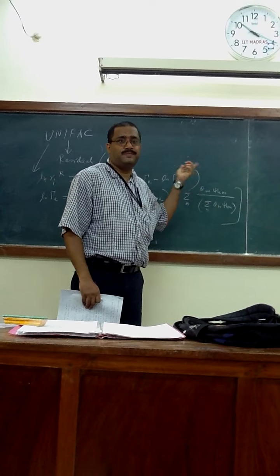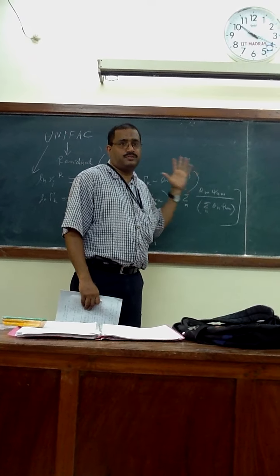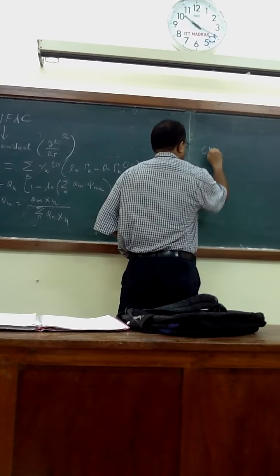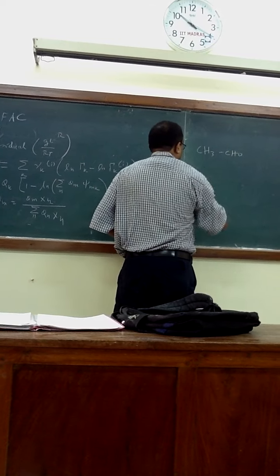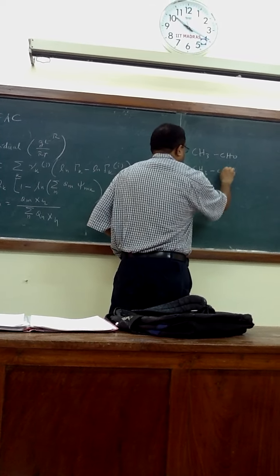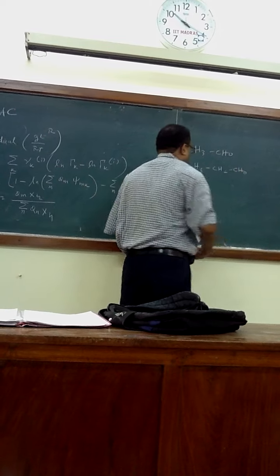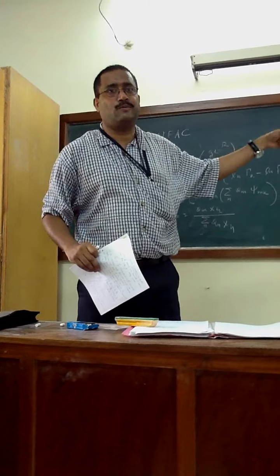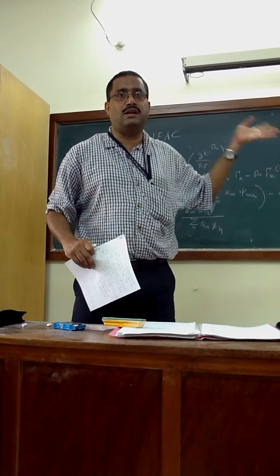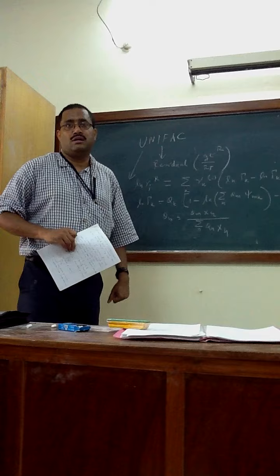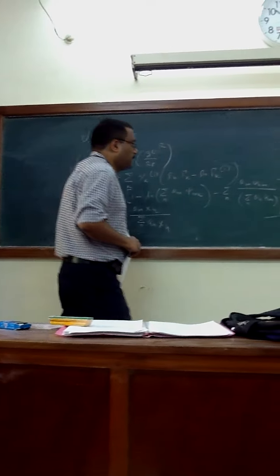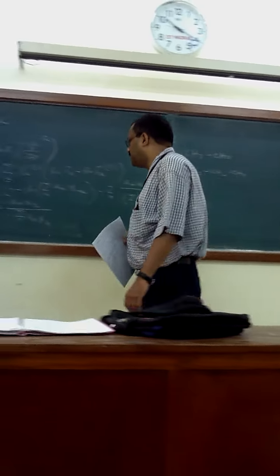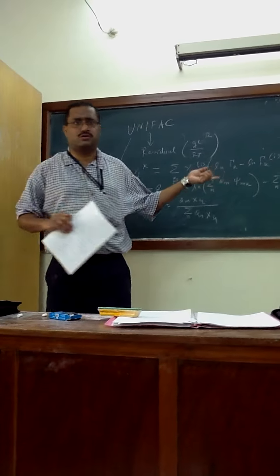A group is, for example, CH3. CH3 is a group, right? And for example, acetaldehyde has CH3 and CHO. In the second component also you have to name it; I don't remember the names, you can name them by IUPAC nomenclature. I don't want to do that. So the CHO group will be there for the second component also.